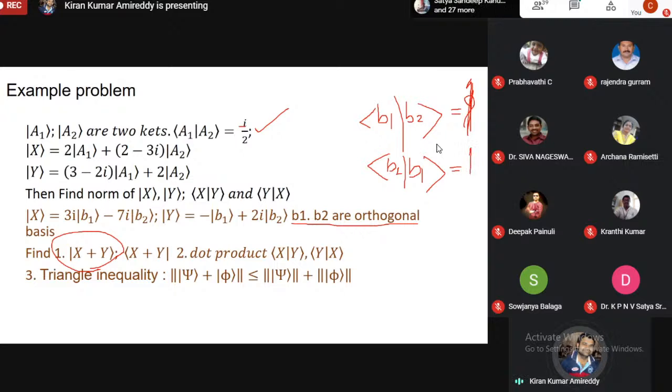So in this case it is easy. Either you can take this value or this value, the answer cannot change. So it is simple. But in this case you must be careful. a1 over a2 is i by 2, then a2 over a1 can be minus i by 2. When you are substituting that, yesterday I saw something in an intermediate step, if I recollect, 13, just a second, I wrote it somewhere.